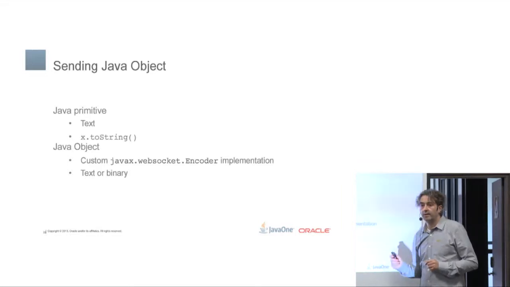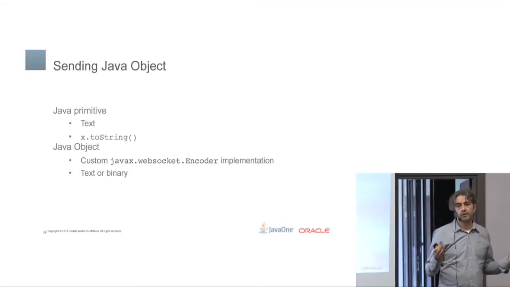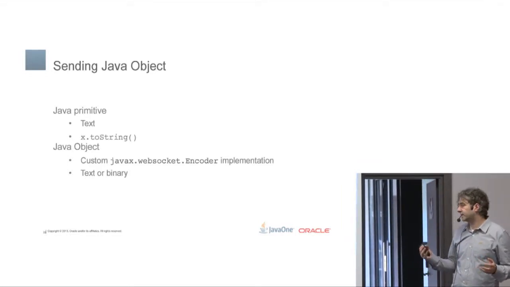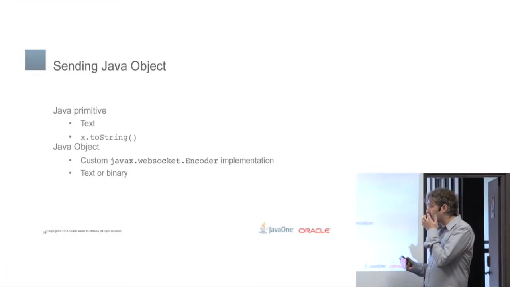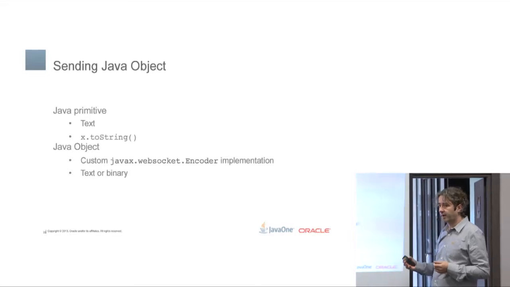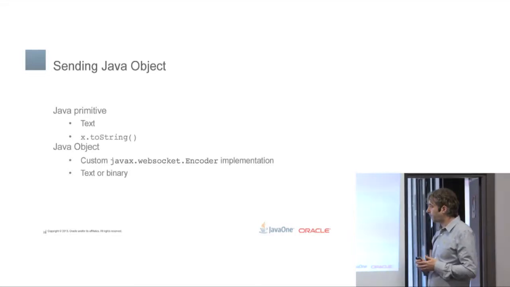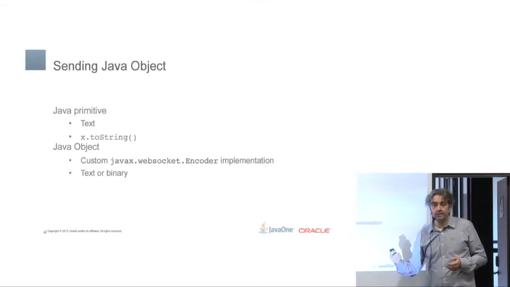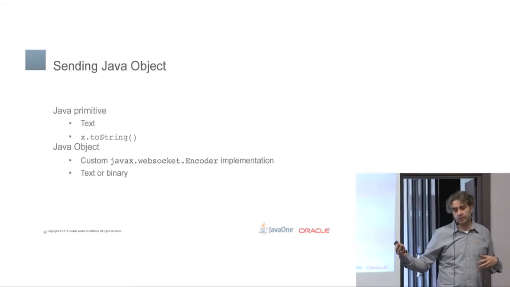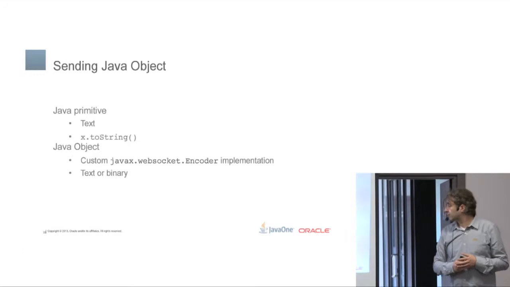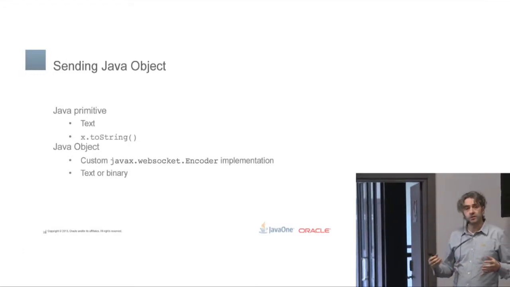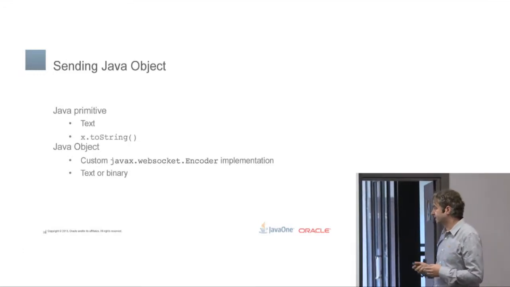And for that, we'll have to write what we call an encoder. An encoder basically takes a Java object and marshals it to a text payload or a binary payload, depending on the case. And obviously, at the other side, the remote endpoint will need to have the corresponding decoder to make sure it can understand what is being sent.